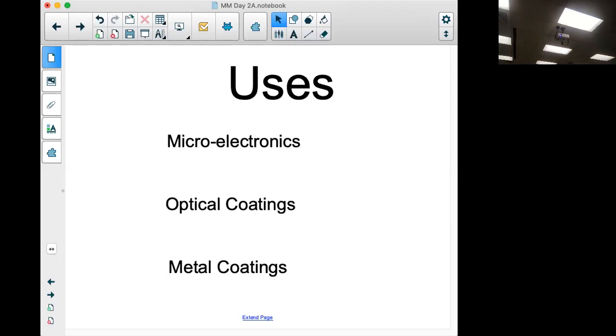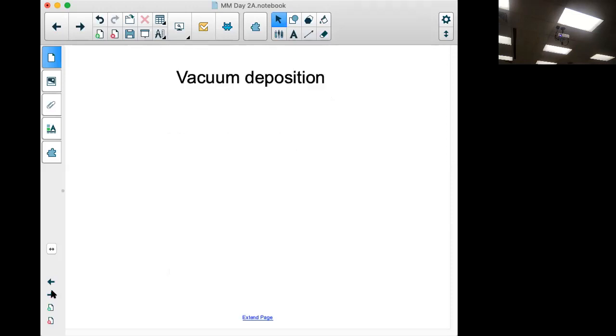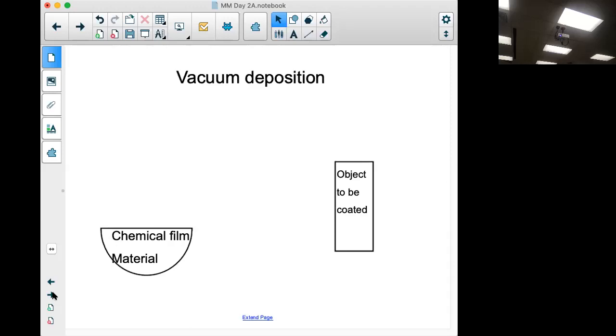All right, all good? Awesome. All righty, now, the first type of way that we can do thin film process is called vacuum deposition. What we do in vacuum deposition is we take the object that we want to coat, right? We then take the chemical that we're going to use as a thin film.